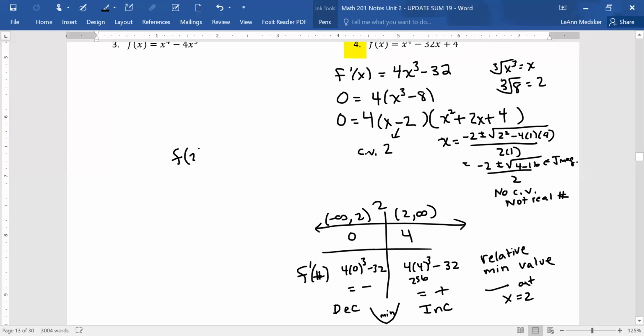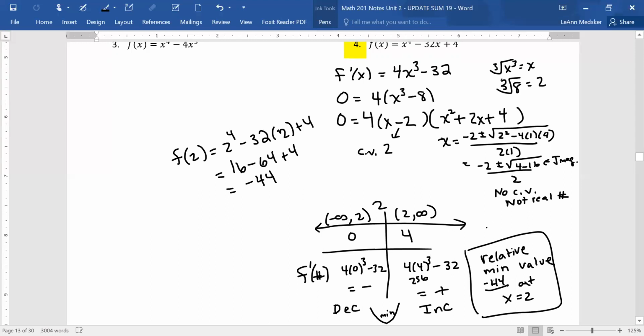So you go back to your original function and you plug 2 in, so 2 to the 4th minus 32 times 2 plus 4, that's going to be 16 minus 64 plus 4, so that ends up being negative 44, I believe. So that would be how I would write it if I wanted to write a sentence.